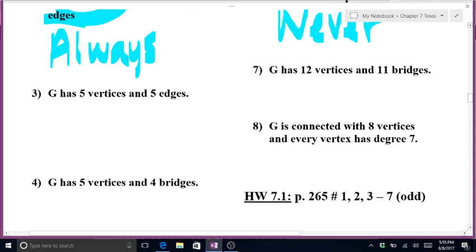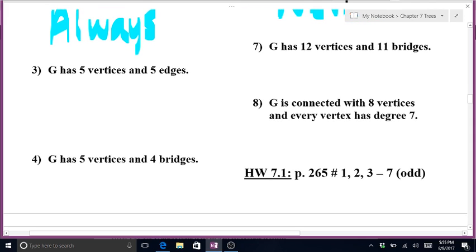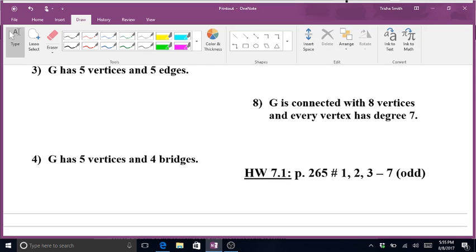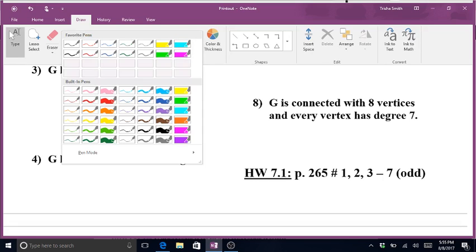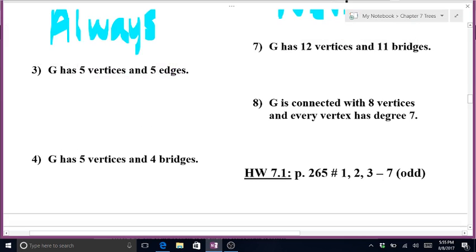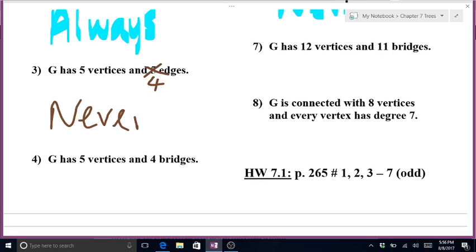Okay, almost done. 3. G has 5 vertices and 5 edges. Again, your edges should be 4 here in order for this to work. 5 does not work, so this is a never. Edges still have to be 1 less. G has 12 vertices and 11 bridges.